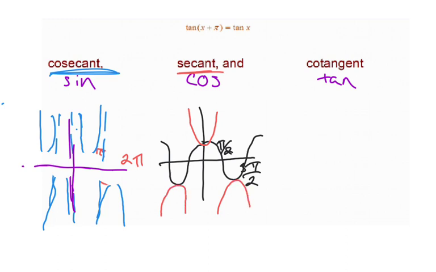And it has asymptotes as well, but I'm going to go ahead and erase the cosine function off. And then the asymptotes are right here.